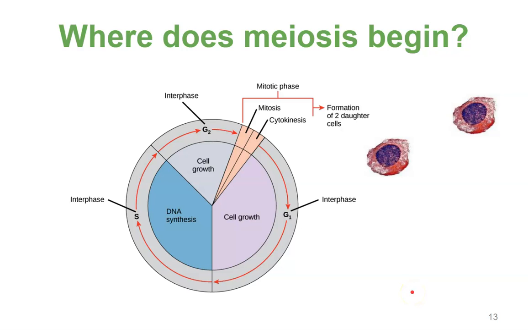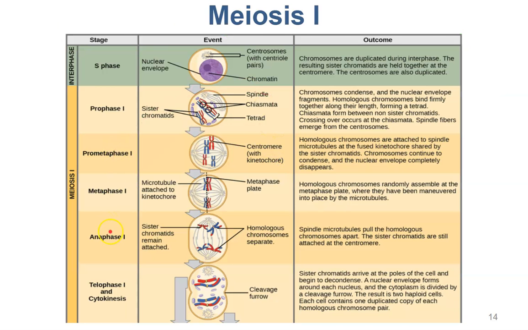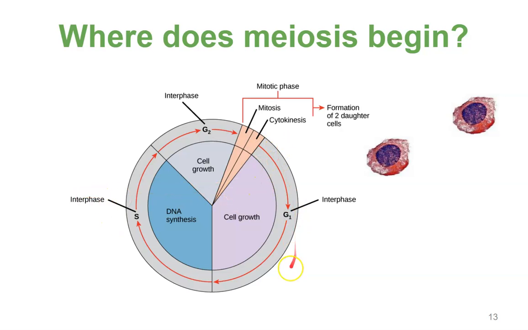Okay, so where does meiosis begin? So this might look familiar to you. We already talked about the cell cycle. So meiosis is going to take the place of mitosis here. So the cell is normally going to have an interphase, and then bam, we're going to go into meiosis instead.